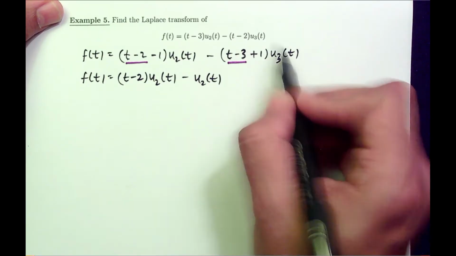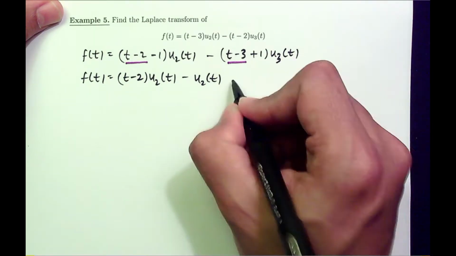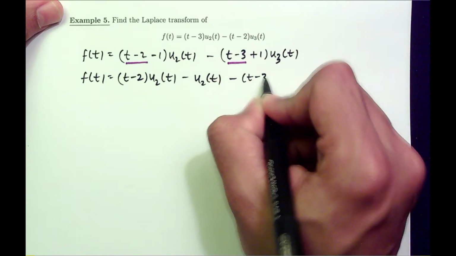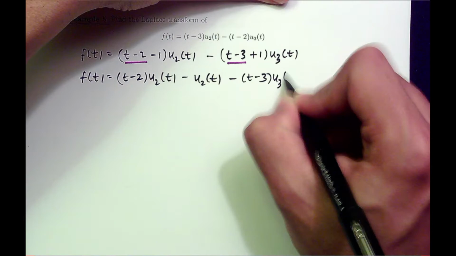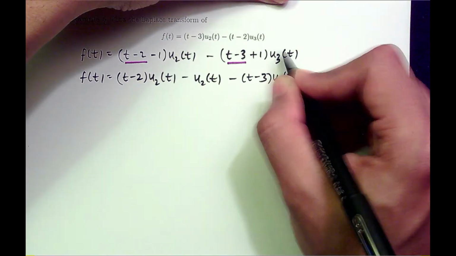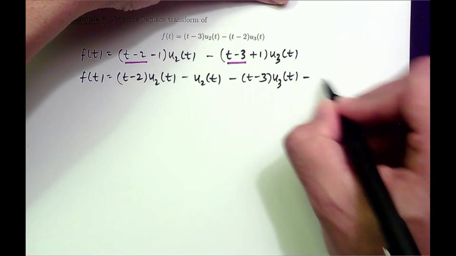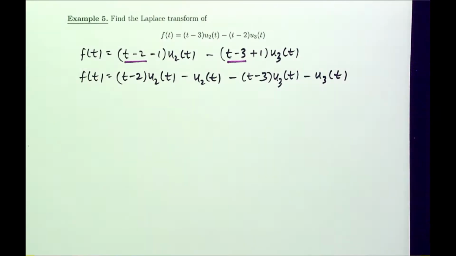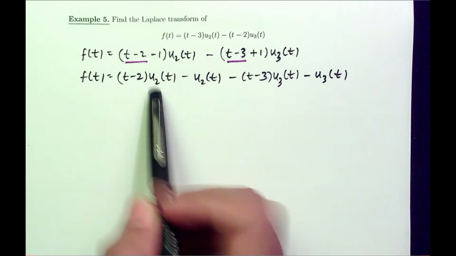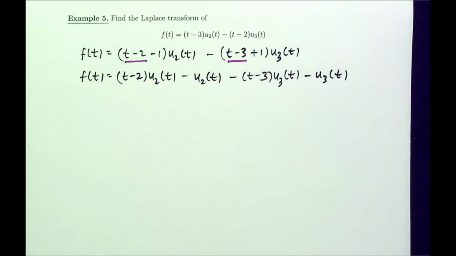And now distribute this here. So u3 times this, and remember there's a minus in front, so minus t minus 3 u3, and then multiplying these two, you get 1 u3, and the minus in front also affects this, so it will be minus u3t. And now the numbers match perfectly. That there and that there, and now we can use the formula.